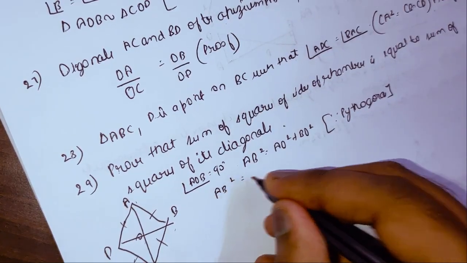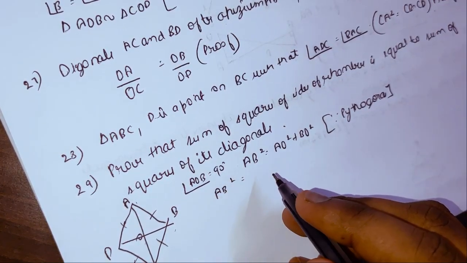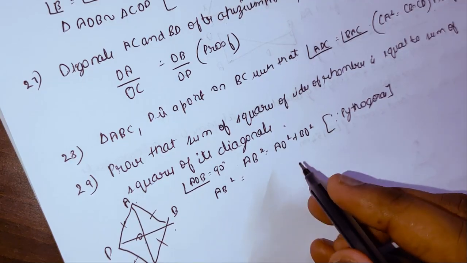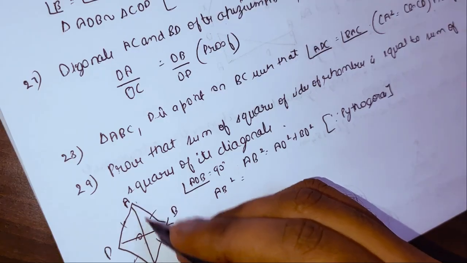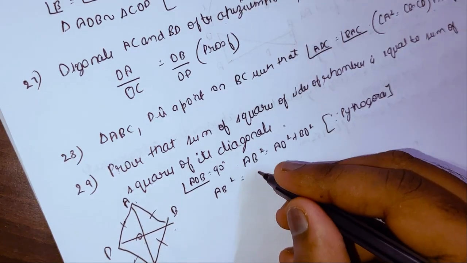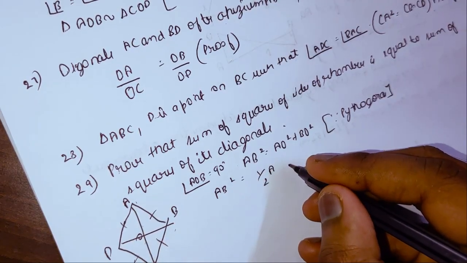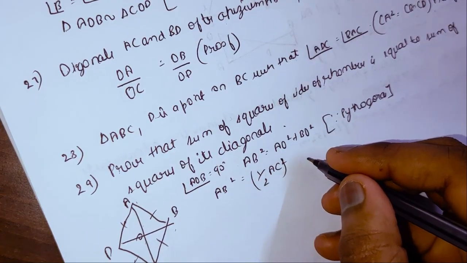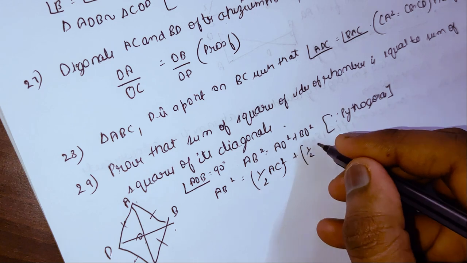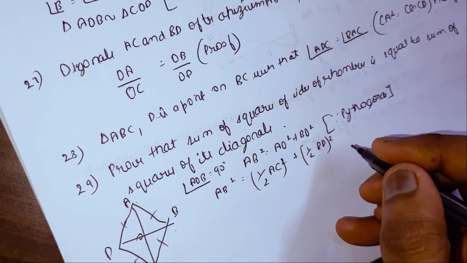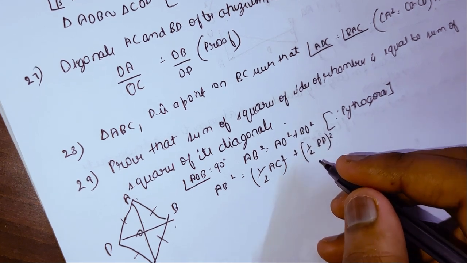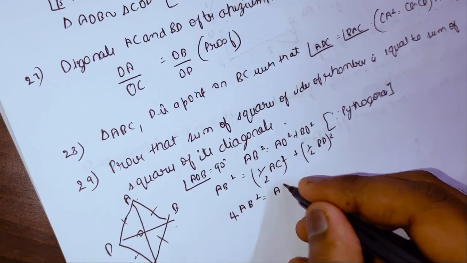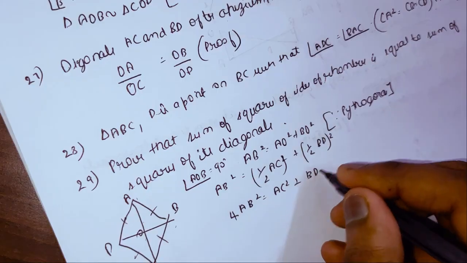AO is half of AC. Substitute that in place of AO. BO is nothing but half of BD. Substitute that, and you will get 4AB square is equal to AC square plus BD square.